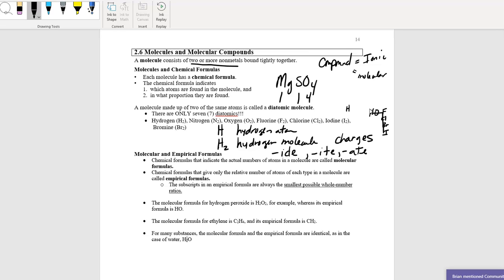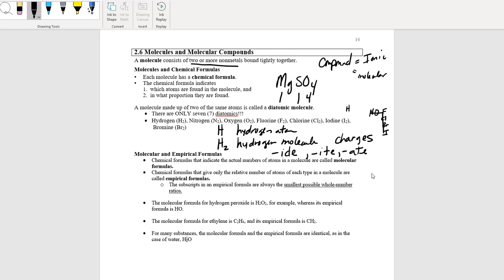So in 2.6, when we do these problems, some of the key questions you're going to see are about molecular versus empirical formulas. Chemical formulas that indicate the actual number of atoms are called molecular formulas. But a formula with the smallest whole number ratios is an empirical formula.